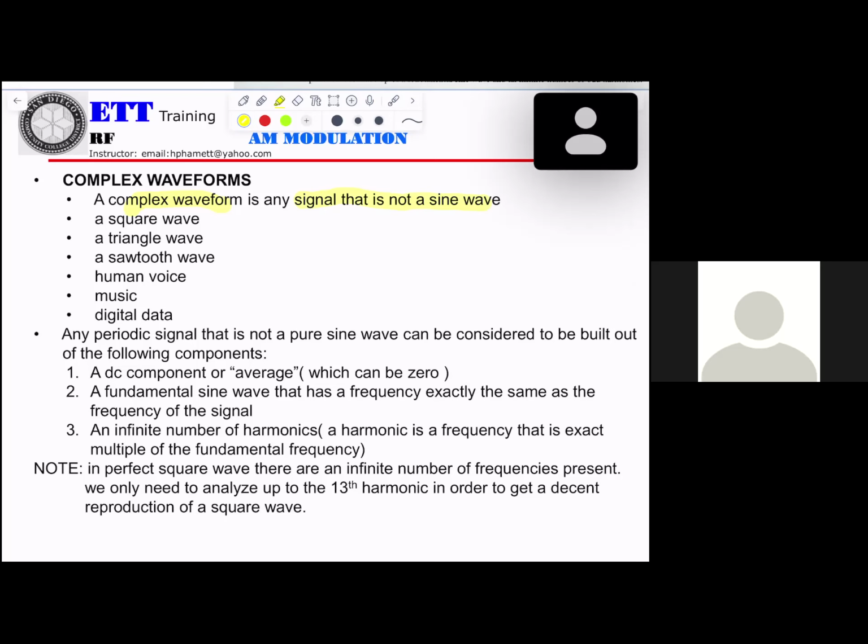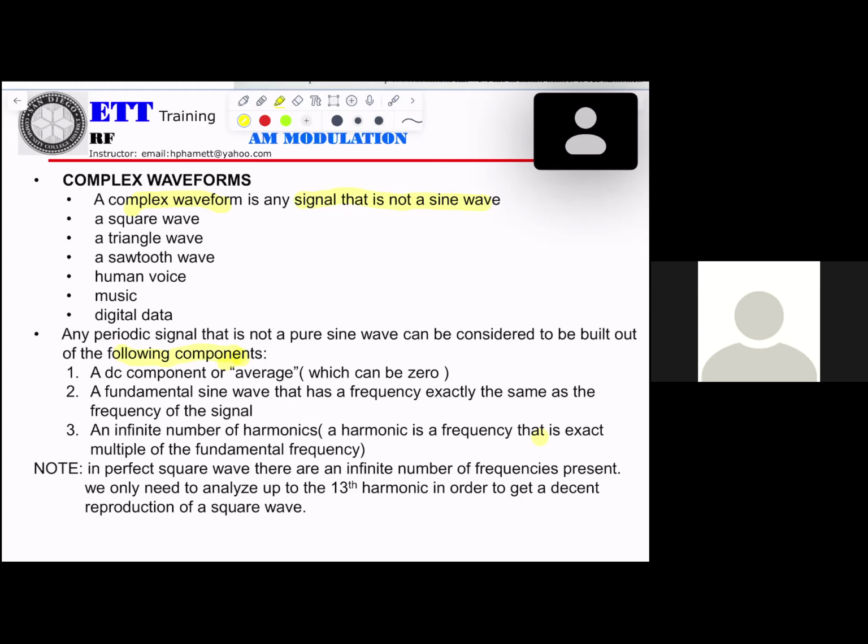Any periodic signal that is not a pure sine wave can be considered to be built out of the following components: a DC component, which can be zero; a fundamental sine wave that has a frequency exactly the same as the frequency of the signal; and an infinite number of harmonics, each a frequency that is an exact multiple of the fundamental frequency.